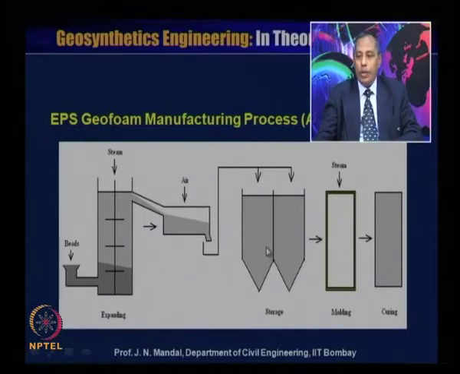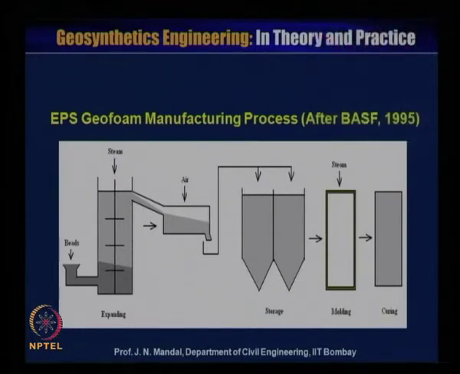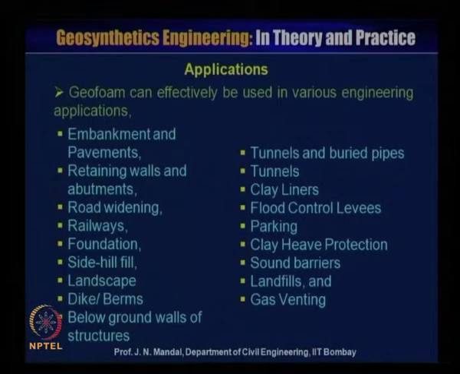There is steam storage, and then this is the molding. Ultimately you can make a mold either rectangular or square, and then you have to keep it for curing. Then ultimately you can have the different molds or blocks, either in cubical form or rectangular form, solid. And this geofoam material has various densities.